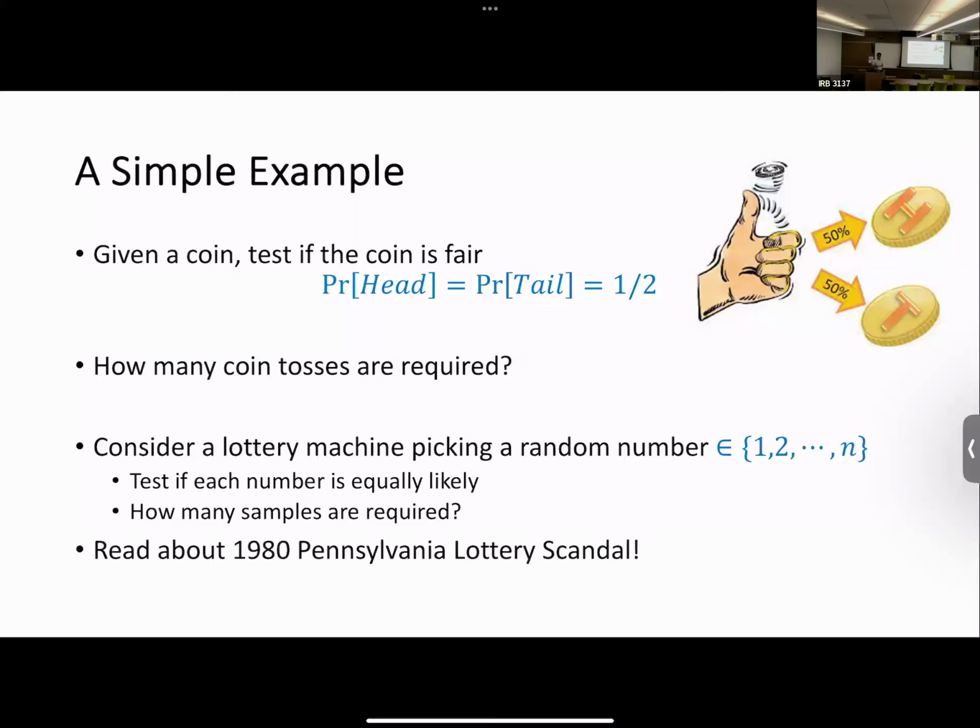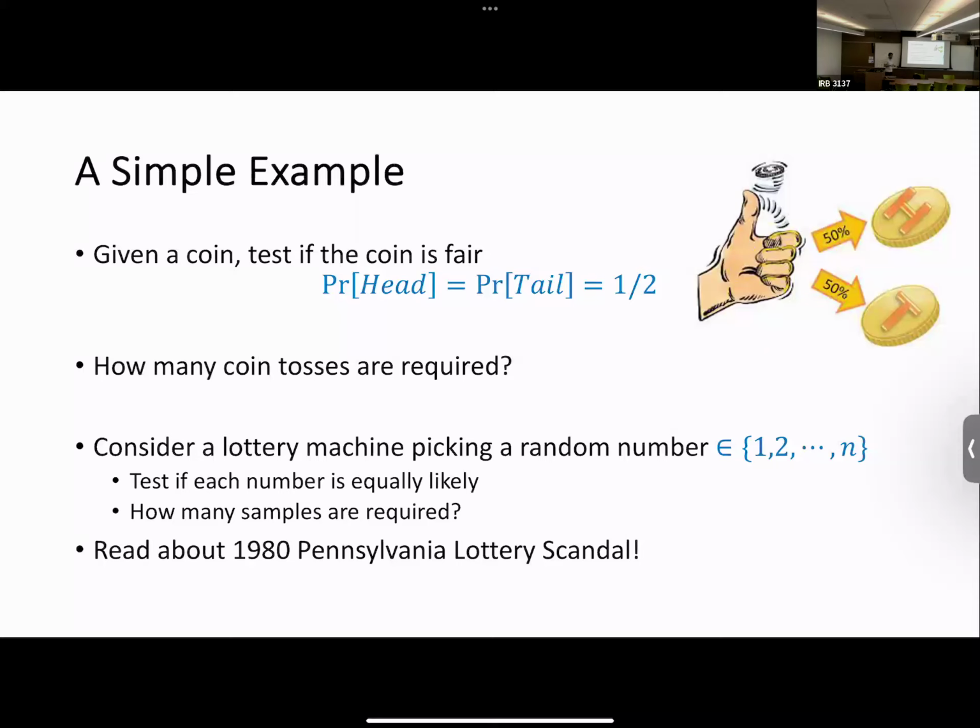There is a nice story about a lottery scandal in Pennsylvania, where somebody misused the bias of the machine and got lots of money out of it.